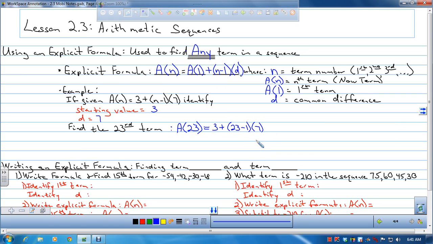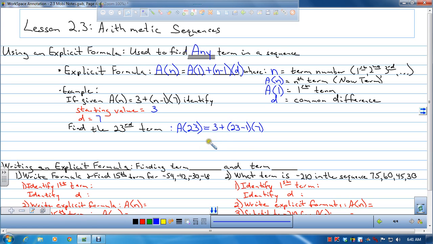Okay, now I want to stop and explain something here, just to use some common sense. If I want to know the 23rd term and I am starting at 3, I know I'm adding 7 each time. How many times would I add 7 to get to the 23rd term? If I'm already at the first term, think about how many times will I add 7 to get to the 23rd term.